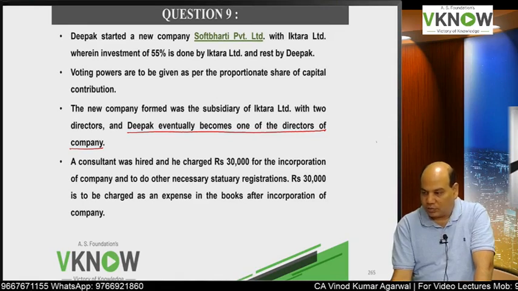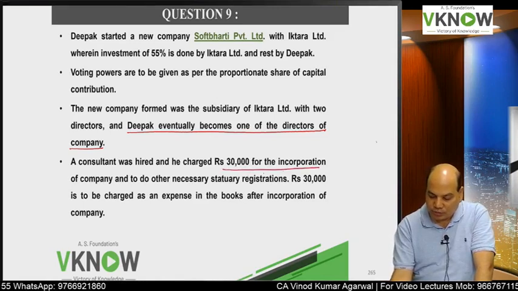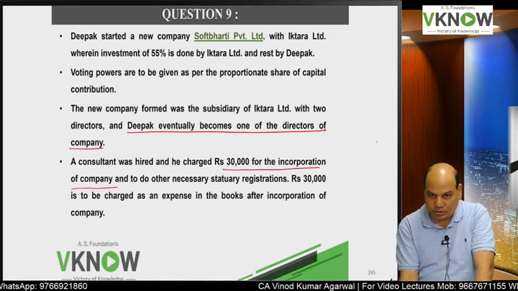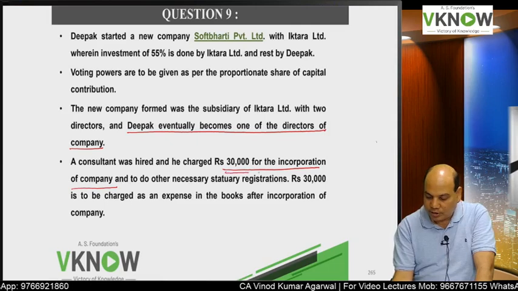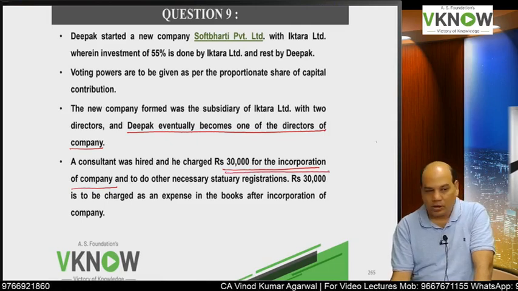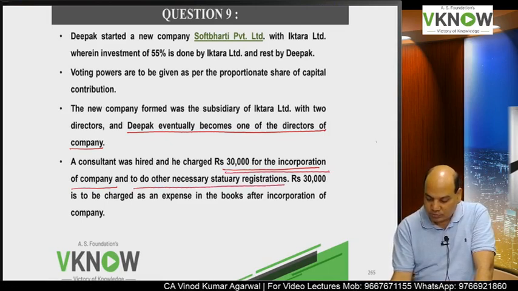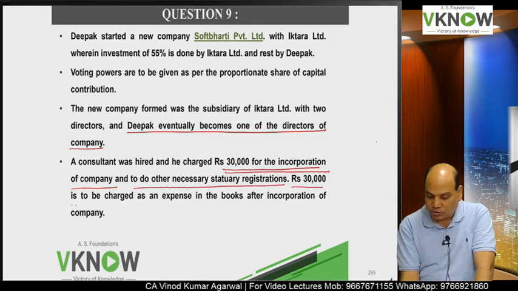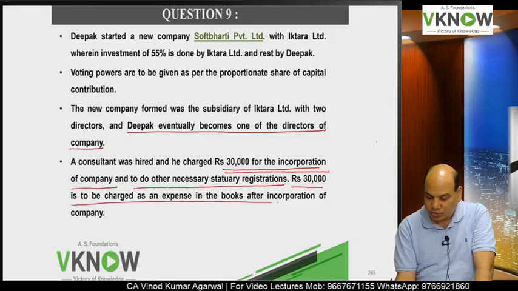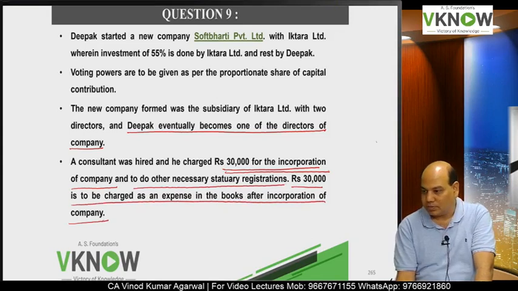A consultant was hired and he charged rupees 30,000 for the incorporation of the company. So this is called preliminary expense, company formation expense, and to do other necessary statutory registration. Rupees 30,000 is to be charged as an expense in the books after incorporation of the company.